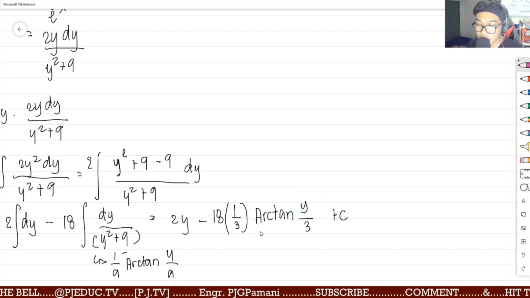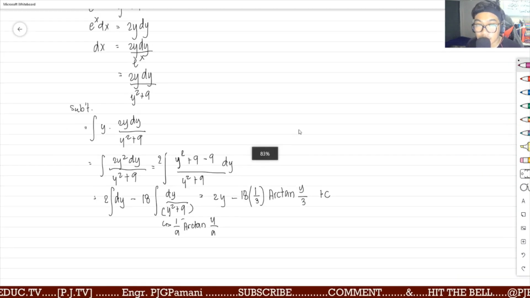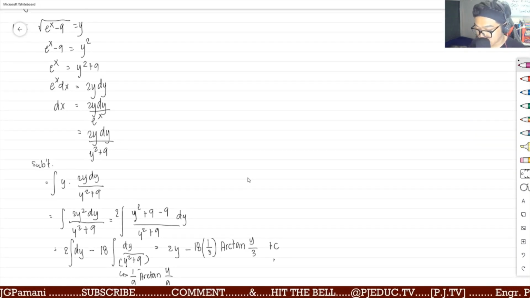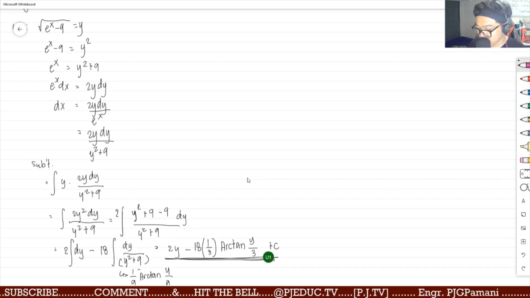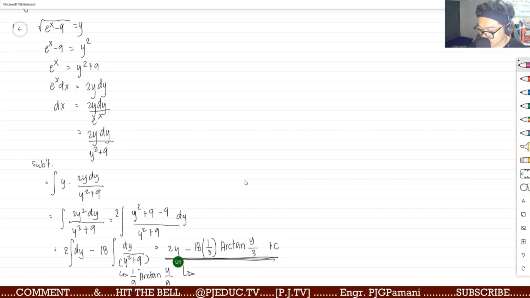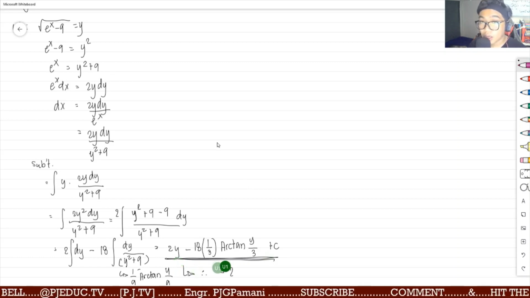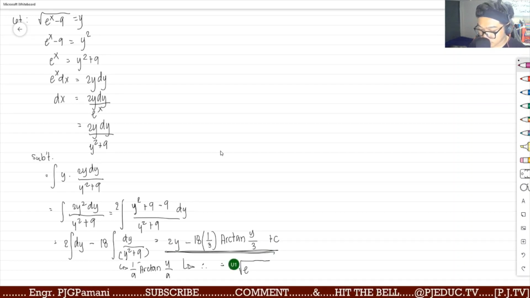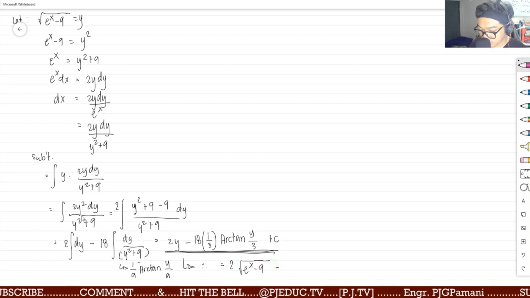But that is not yet our final answer. Yung ating substitution, remember, sinubstitute lang natin siya. So by substitution for our final answer, therefore, it should be equal to 2 times y, which is simply square root of e raised to x minus 9, minus 18 over 3 is what? 6.